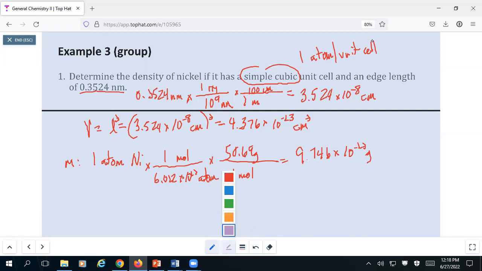So our density would be the mass, 9.746 times 10 to the negative 23rd grams over 4.376 times 10 to the negative 23rd cubic centimeters.